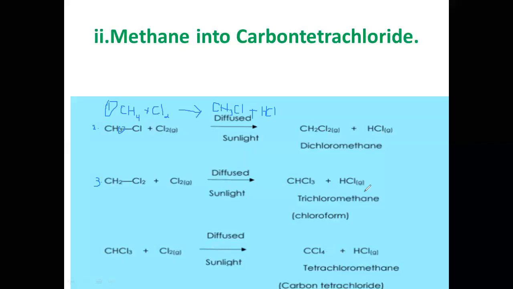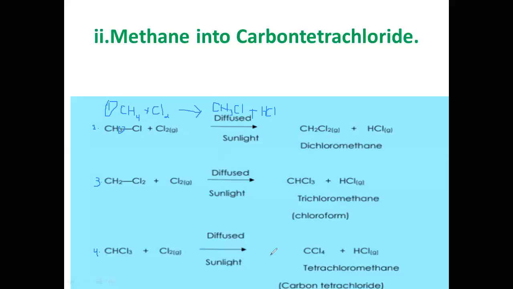So these are the steps involved in the conversion of methane into tetrachloromethane. There are four steps involved in the conversion. The reason is that four hydrogen atoms are present in methane, so each hydrogen is replaced by a halogen step by step.